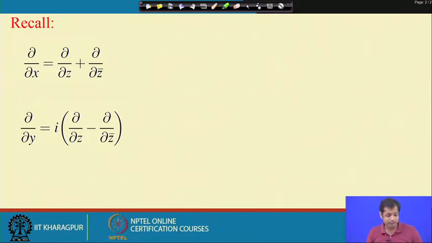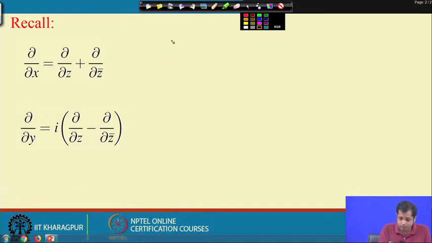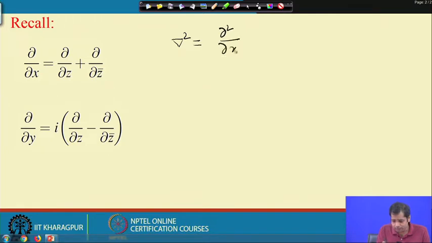We derived this relation in one of the classes this week. Now, let us find out the del 2 operator. Del 2 operator is del 2 del x2 plus del 2 del y2, right. Now, let us write this del 2 operator in terms of z and z bar using this relation.